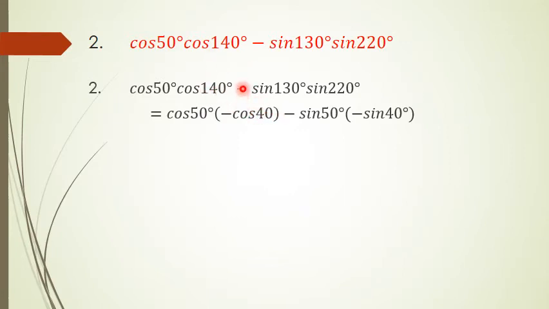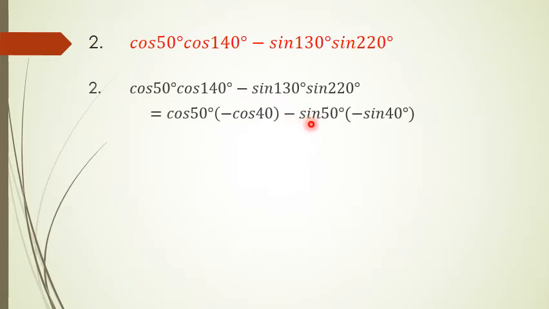Then minus. Observe that this sign here is the one which is here, and we are yet to deal with 130 degrees. 130 degrees is in the second quadrant. In the second quadrant, sine is positive. Observe that this minus sign here is this one, but sine is positive in the second quadrant, so it comes down as it is, but this sign remains where it is.